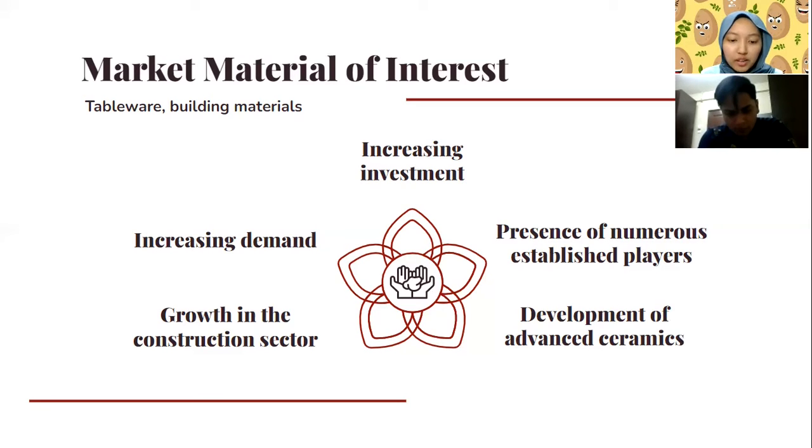Examples of such processes include chemical synthesis, sol gel processing, single crystal growth, and new processes borrowed from semiconductor manufacturing. So for example, ceramics like tableware or building materials and others.